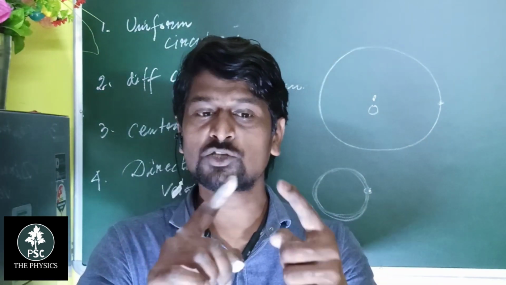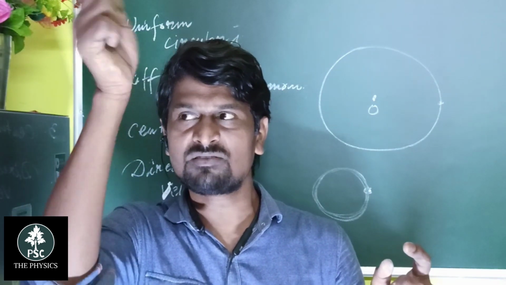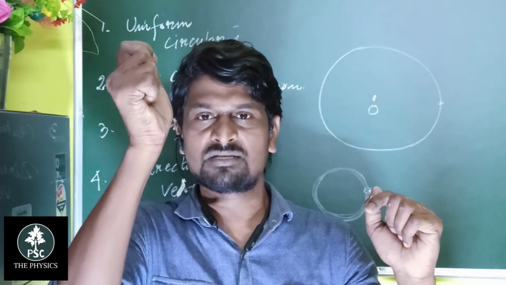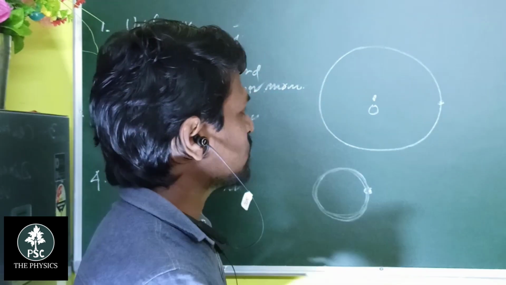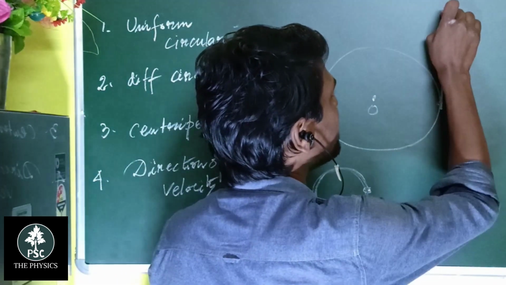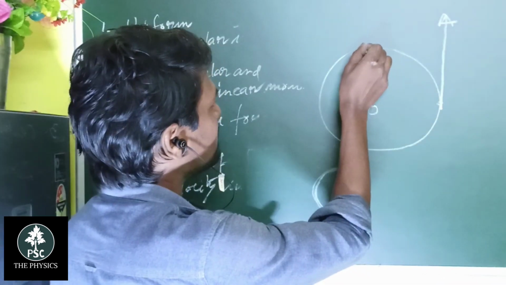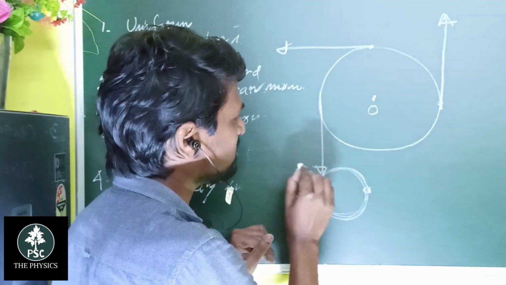If we tie a stone with a string and rotate or revolve it, then this particle revolves in a circular path. So this is a circular path, and at this point the particle moves along this direction, at that point along this direction, and at that point along this direction.